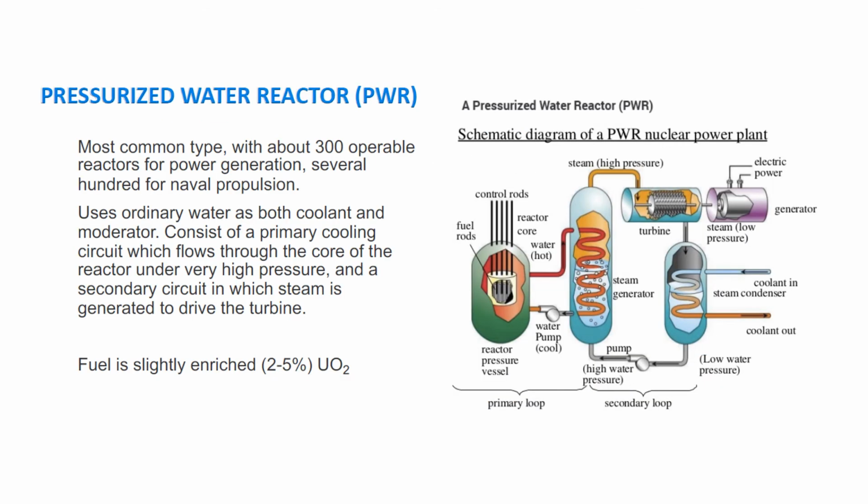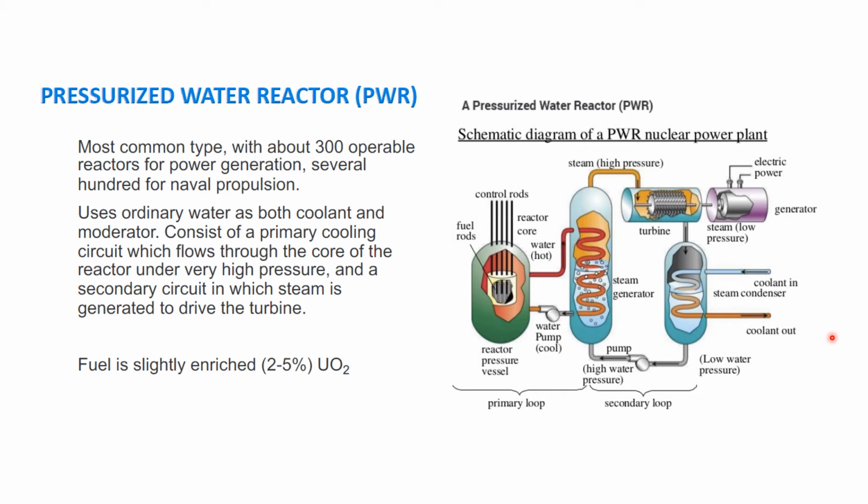The first type of reactor that we are going to discuss is your pressurized water reactor, or your PWR. This is the most common type with about 300 operable reactors for power generation and several hundred for naval propulsion. It uses ordinary water as both coolant and moderator, and consists of a primary cooling circuit, which flows through the core of the reactor under very high pressure, and a secondary circuit in which steam is generated to drive the turbine.